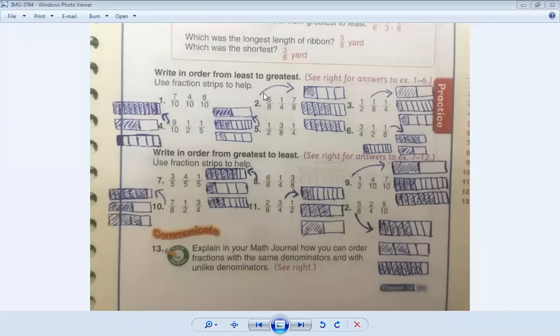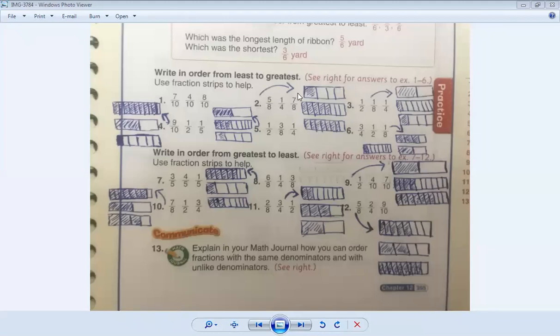Look at number 2. Look, teacher, I draw the fraction strips. So just give me the answers, okay? Look, the fraction strips are here. Just give me the answers, okay? 5 out of 8, 1 out of 4, and 7 out of 8.